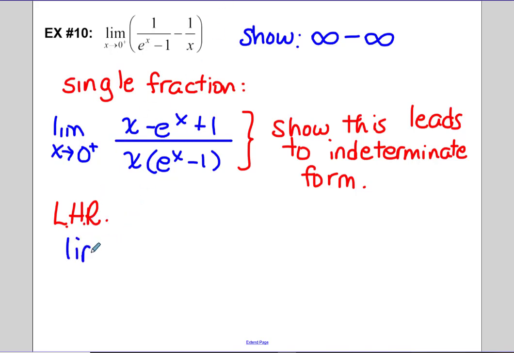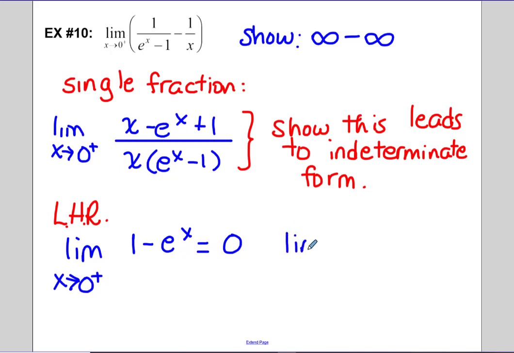So using L'Hopital's rule, I believe we may have to do it again. So the derivative of the numerator is 1 minus e to the x, and thinking ahead, if you apply that derivative at 0, the limit is 0.